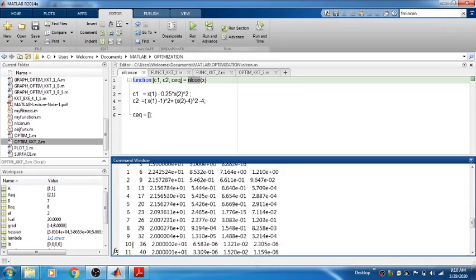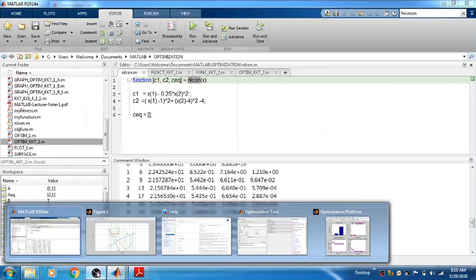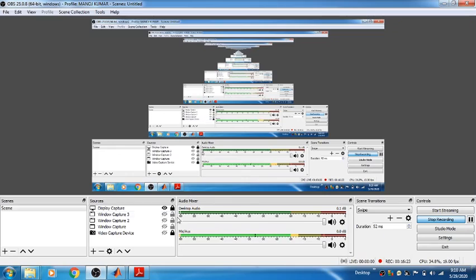Okay, so I always say you try it. Once you try it, you will learn. So this is the way to do this type of nonlinear problem.